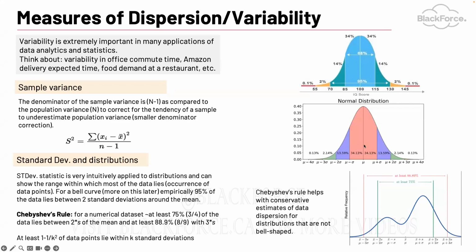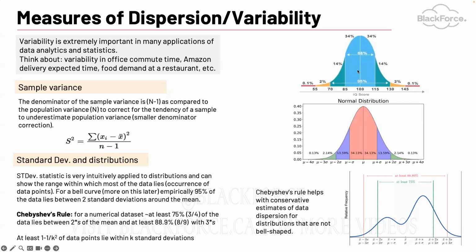There are empirical rules that show that around 34% of the data lies one standard deviation to the left of the mean, and one standard deviation to the right of the mean. Now, these are just standard empirical numbers for a bell curve. So what this means is 68% of the data lies within one standard deviation of the mean.